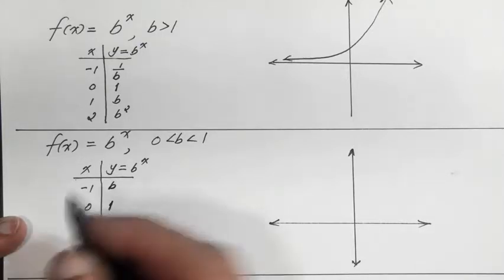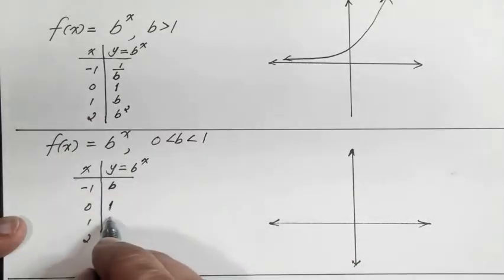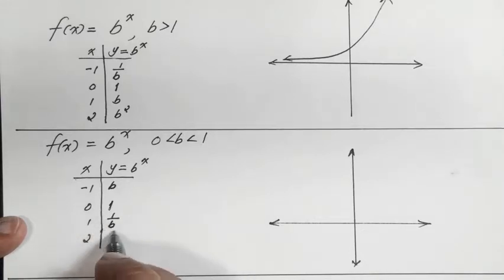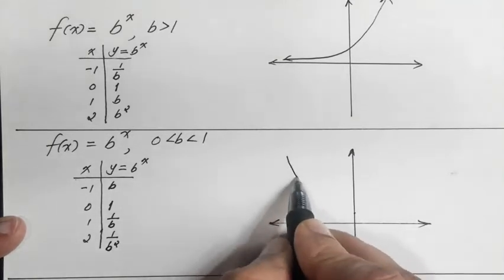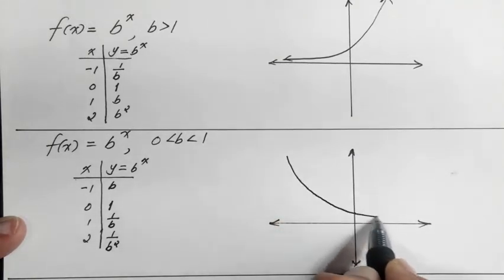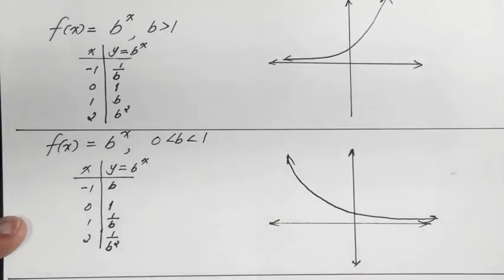Next, you can just assume it is going to be the opposite of that one. It's going to be 1 over b, that's going to be 1 over b squared. And that's it. And you know this is going to be a decreasing function. Hope this helps.